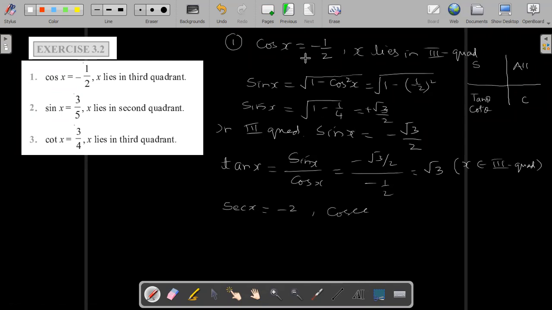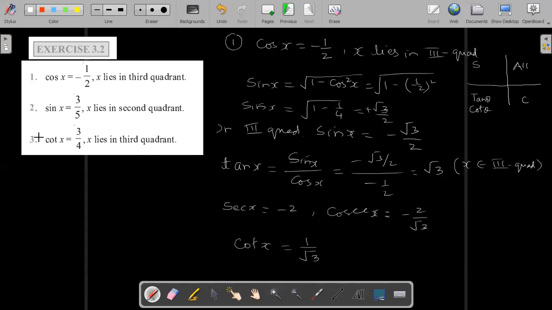So cosec x will also be negative. Cosec x will be negative in the third quadrant, minus 2 by root 3, and the opposite of tan is cot x. The cot x will be 1 by root 3, positive. Tan and cot will be positive. So according to the quadrant, we have to check the sign. We can find the values by using the formulas, and accordingly we have to check the sign.